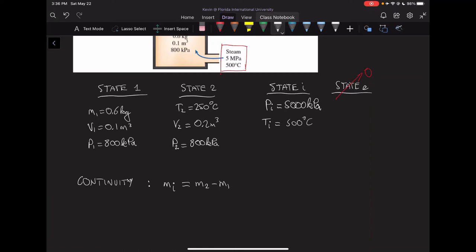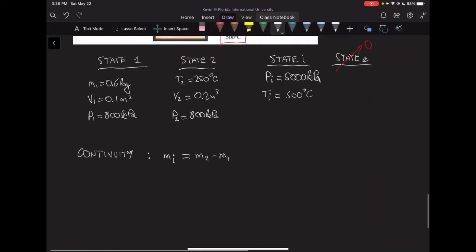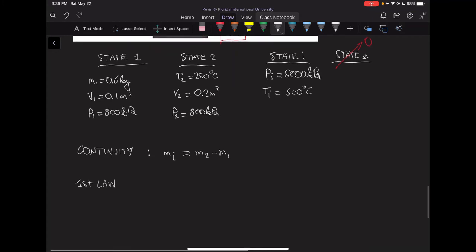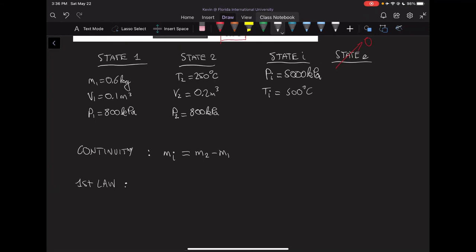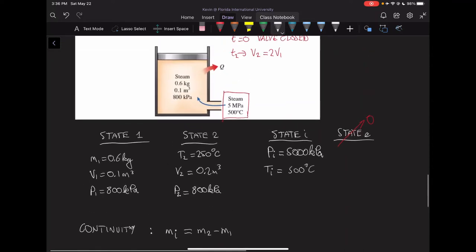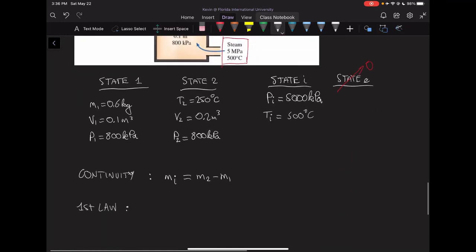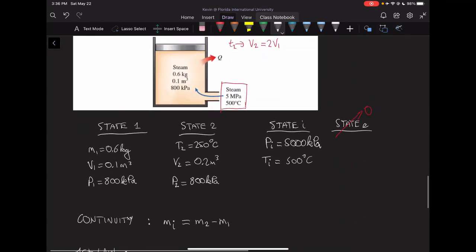Okay, now we can then apply the first law equation. And some of the assumptions we can make for our first law is that we're not given any kinetic energy or potential energy equations for the system as well as the boundaries. So sometimes you might be given a velocity at the boundary, so you have to take into account kinetic energy at the boundary.